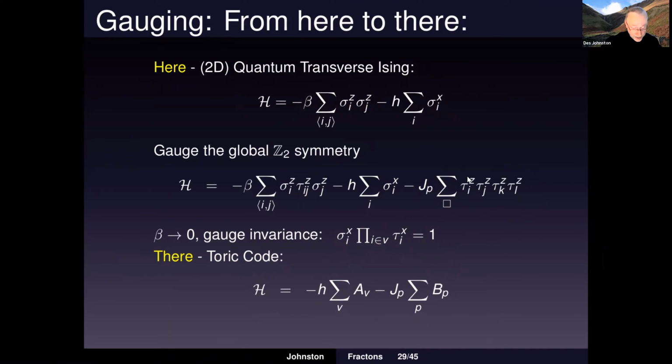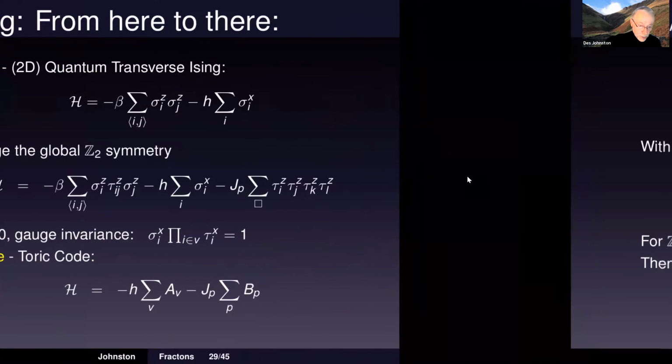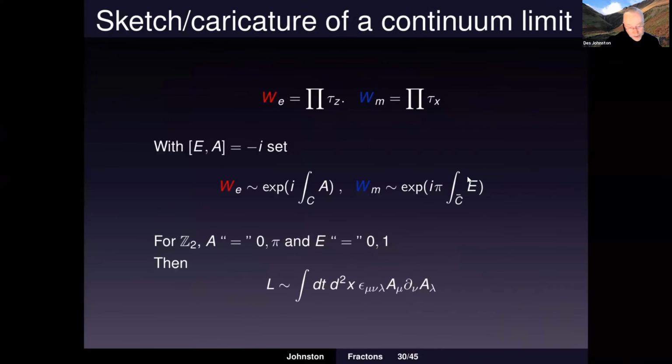So the toric code is Z2 lattice gauge theory in the high temperature phase, whenever you have a look at gauge invariant states. So what? And how do you get the continuum theory from that? Well, a caricature of the continuum theory for the toric code is you have a look at your string operators for creating quasiparticles.